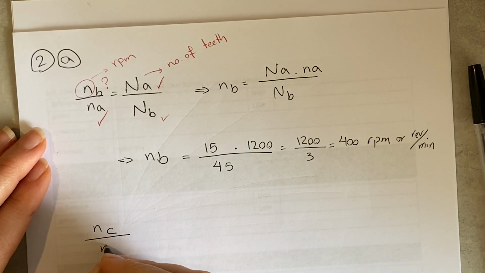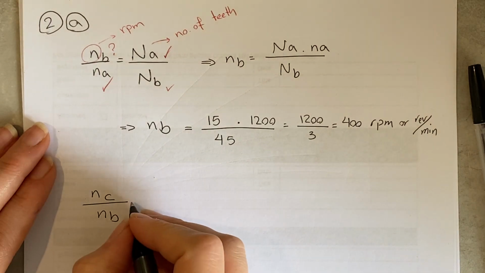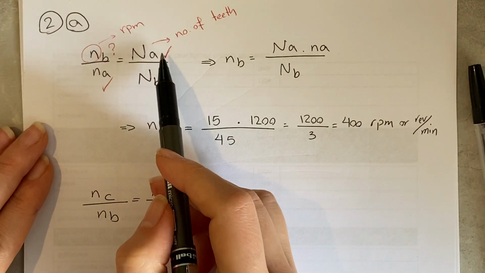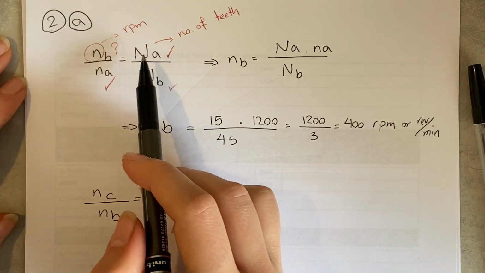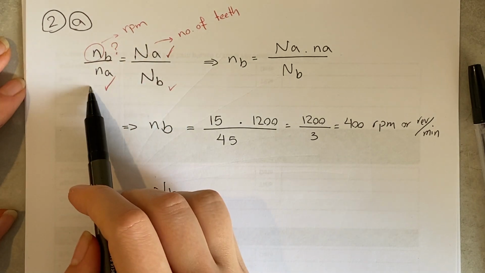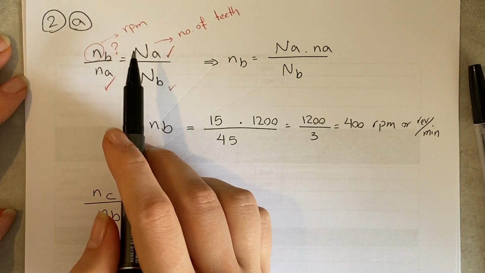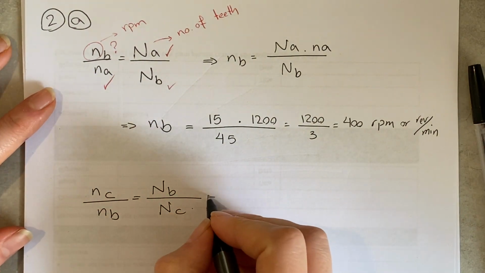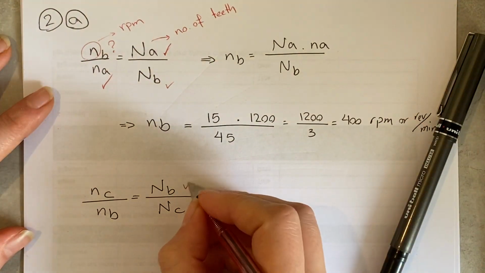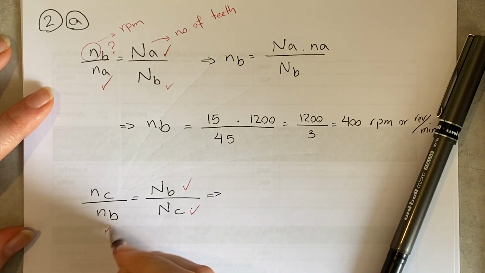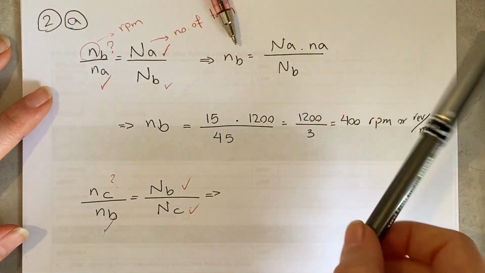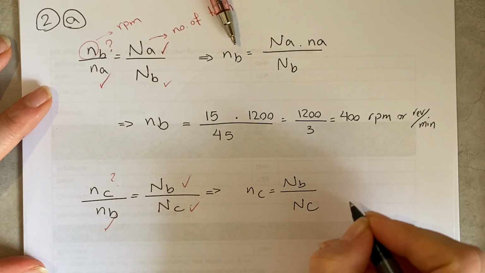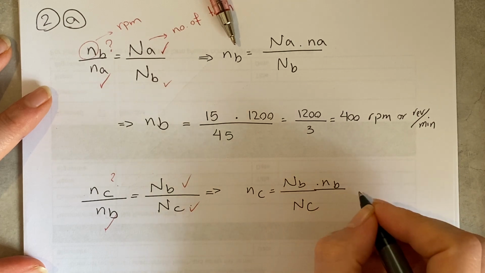All right, so nC over nB equals NB over NC. For this formula, don't forget we have A here in the denominator and numerator, and vice versa for B. So from here, we've got the number of teeth, we've got nB, so we need to find nC. nC equals NB over NC times nB.